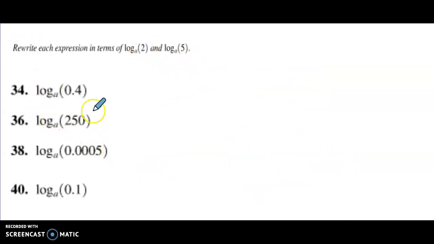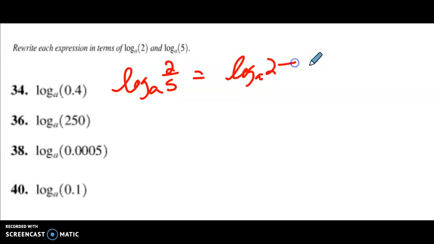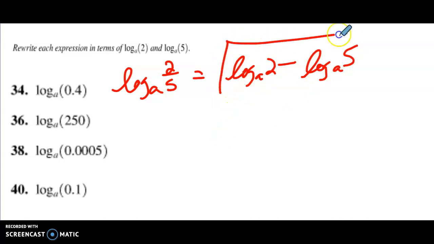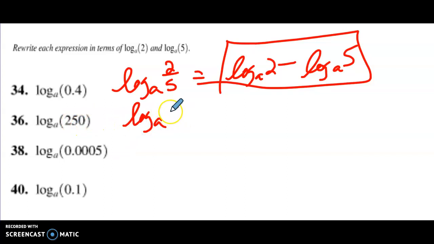Writing this in terms of 2 and 5, well, I know that 0.4 is 4/10 or 2/5. So this is a log base a of 2 minus the log base a of 5. That's how I would rewrite this in terms of the log base a of 2 and the log base a of 5. This is a log base a of, let's see, what's half of 250? 125.